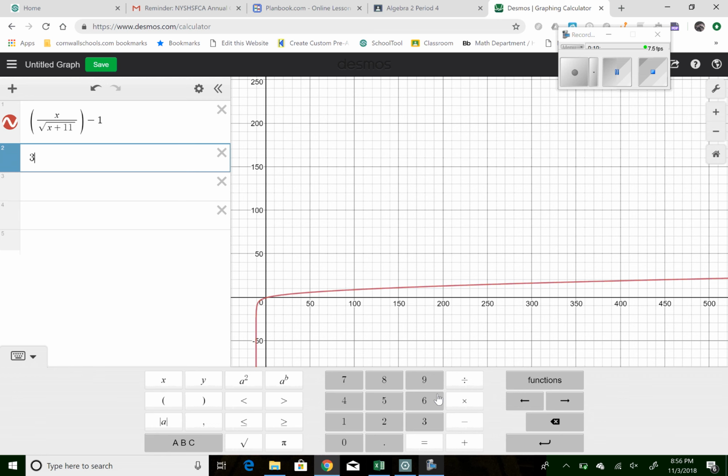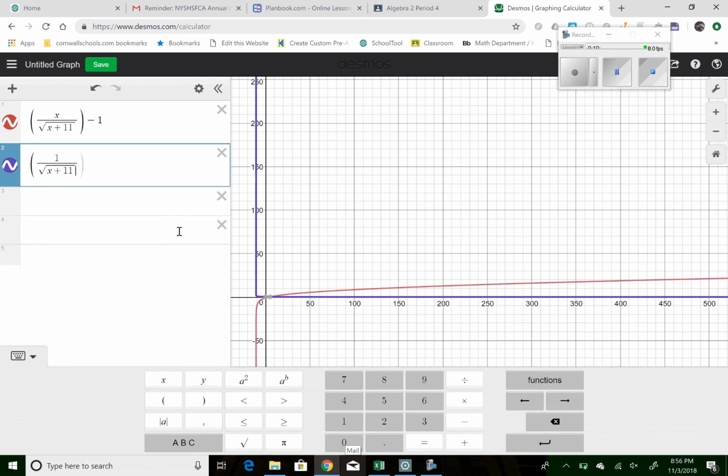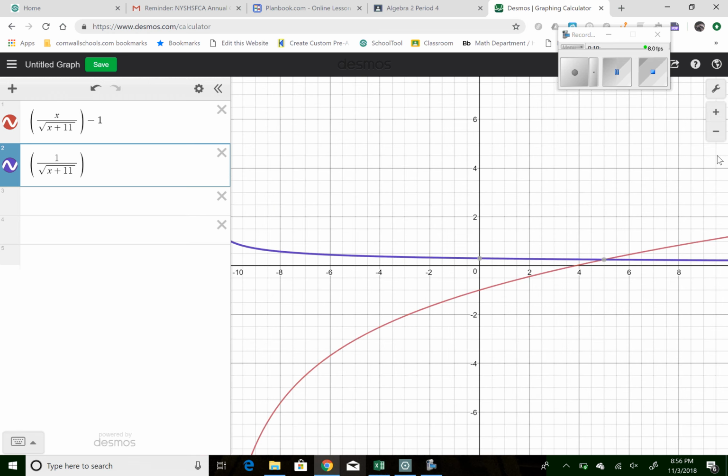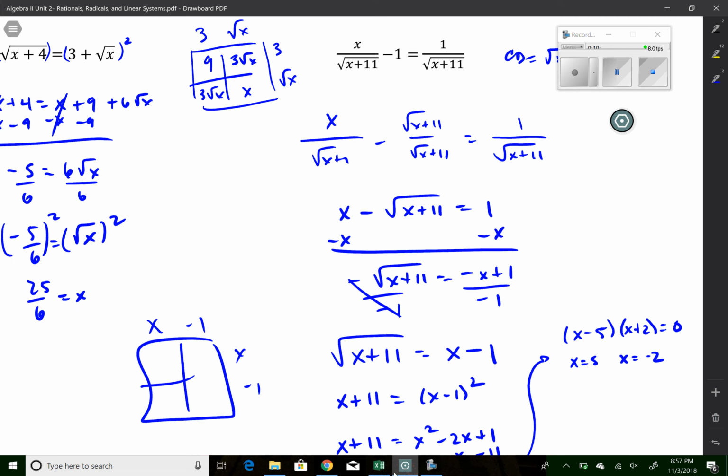And the other equation is just 1 divided by the square root of x plus 11. And they intersect at 5. Only at 5. So that means this other answer of -2, well, it doesn't work.